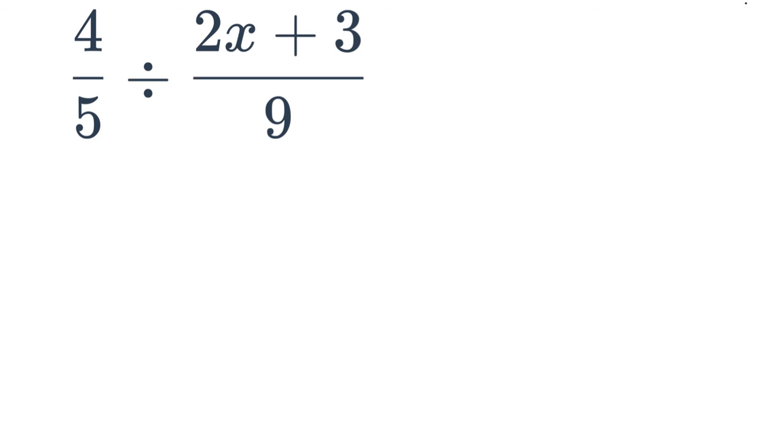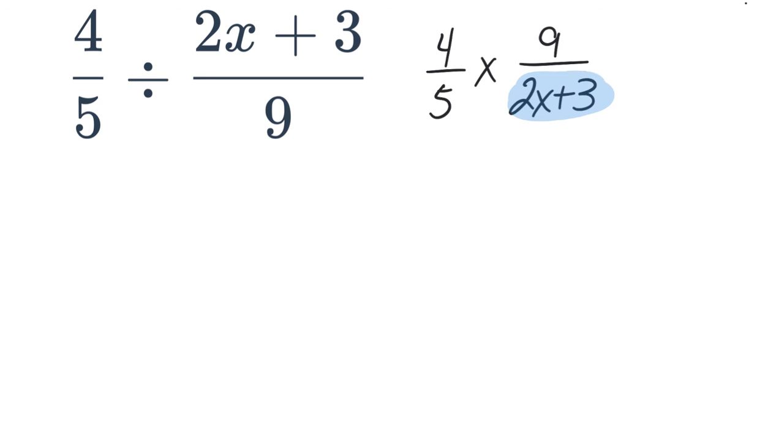But when we keep, change, flip this thing, keep, change, flip. Now from the resulting keep, change, flip, we have just created a new denominator. So we need to make sure that that new denominator that we just created does not become 0.